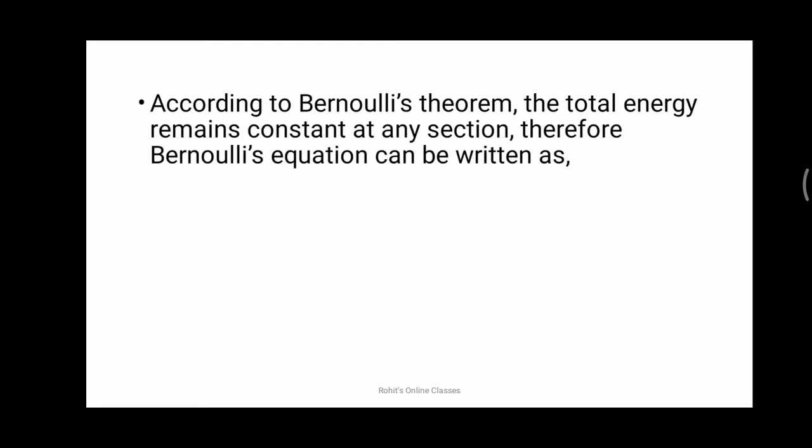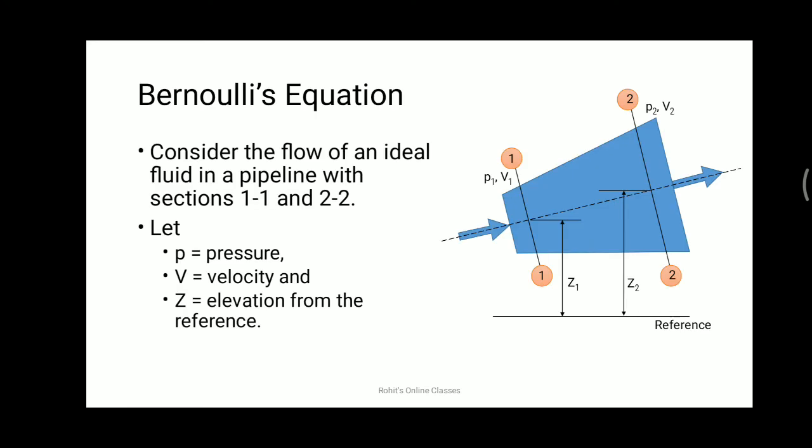Okay, so बर्नौलिस थ्योरम हमें क्या बोलता है कि टोटल एनर्जी जो है वो कौन सा भी सेक्शन ले लो, आप एंट्री ले लो, फर्स्ट सेक्शन ले लो, सेकंड सेक्शन ले लो, या फिर इंटरमीडिएट कौन सा भी सेक्शन ले लो, या फिर एग्जिट सेक्शन ले लो. ठीक है, there could be n number of sections of this pipeline from entry up to the exit. ओके, इन्फिनिट नंबर ऑफ सेक्शंस रह सकते हैं. आप कौन से भी दो सेक्शंस अगर लेते हो आप, तो अकॉर्डिंग टू बर्नौलिस थ्योरम, क्या मीनिंग है बर्नौलिस थ्योरम का? सो कौन से भी दो सेक्शंस अगर आपने लिए हैं, तो दोनों भी सेक्शंस पे टोटल एनर्जी जो है वो कांस्टेंट है.